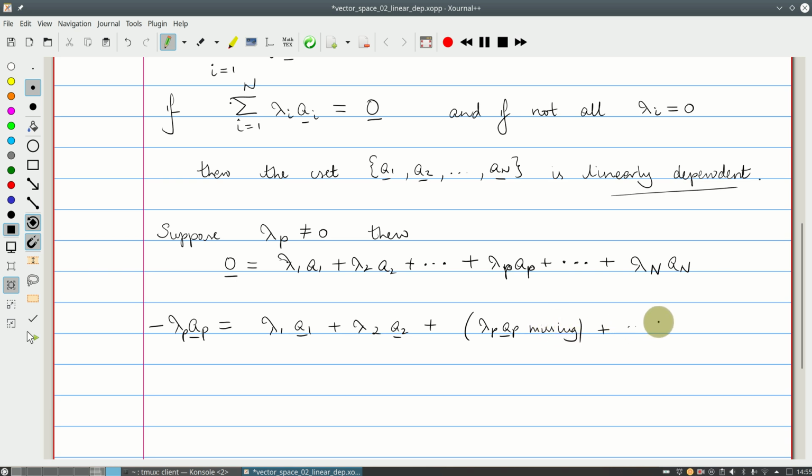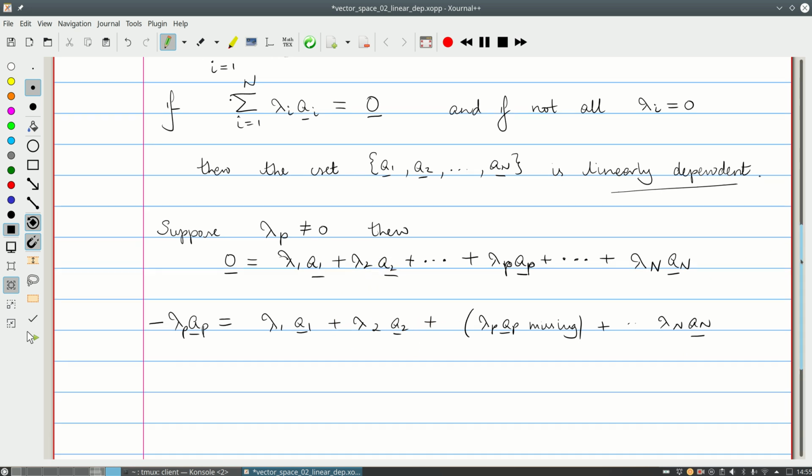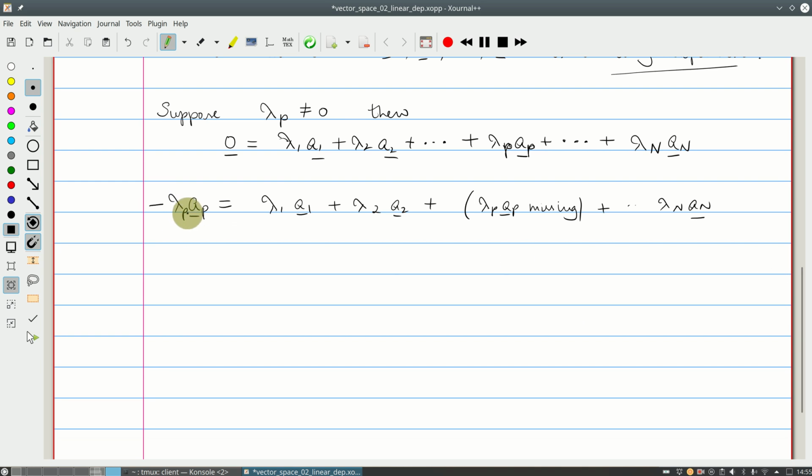Plus all the way to lambda n a n, and I've forgotten the bar, so let's put them in there. There's a bar there. It's easy to forget the bars, but we should try not to. Alright, and now since lambda p is non-zero, we can divide by lambda p, and I'm going to divide by minus lambda p, so I have a positive coefficient there.